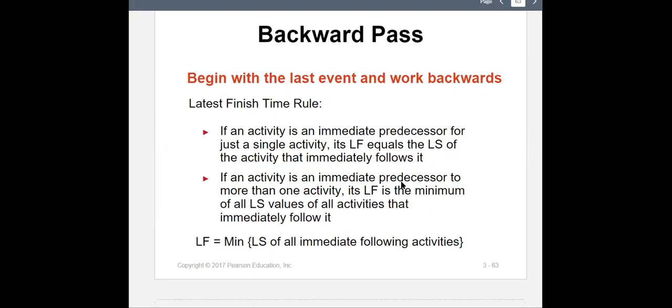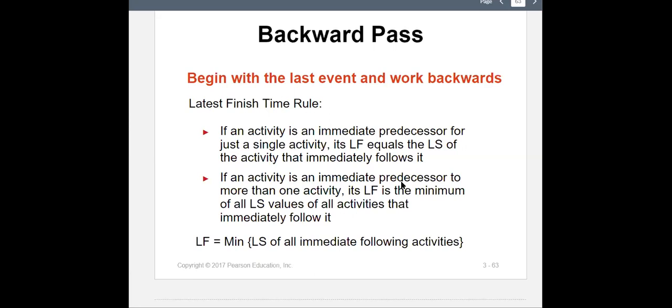So there is a rule for the backward pass as well. We begin with the last event and work backwards. The latest finish time rule: if an activity is an immediate predecessor for just a single activity, its latest finish equals the latest start of the activity that immediately follows it.